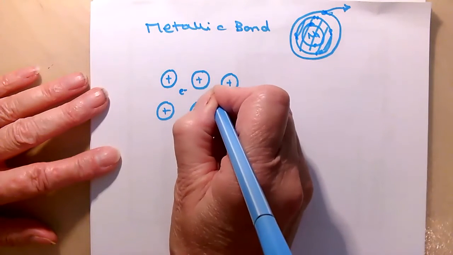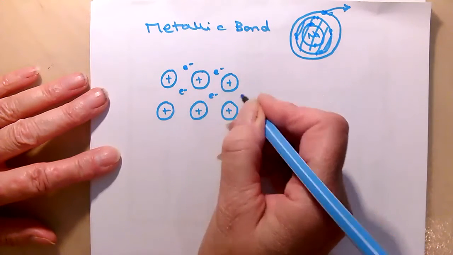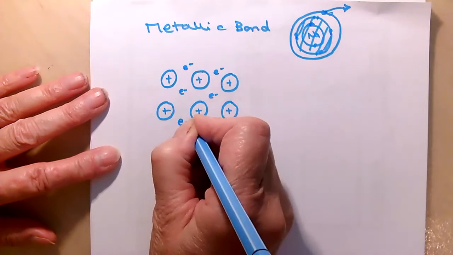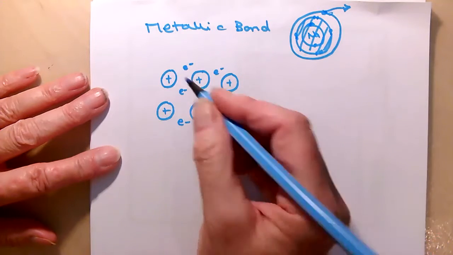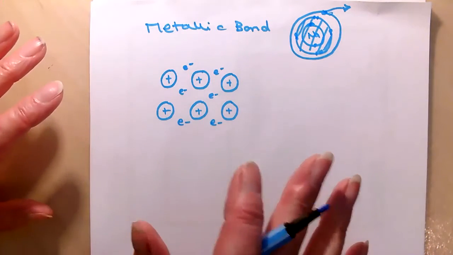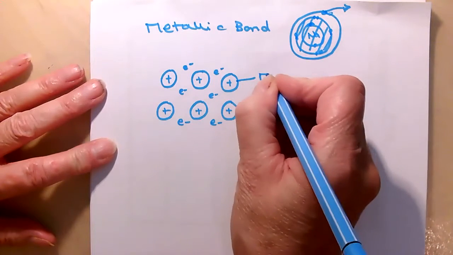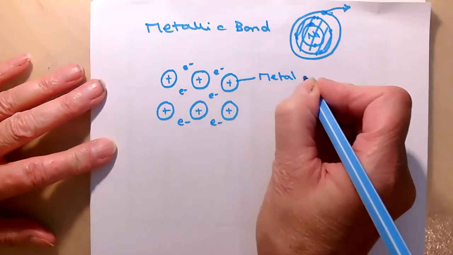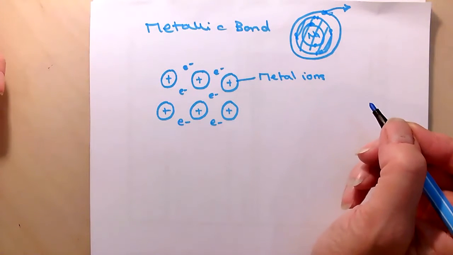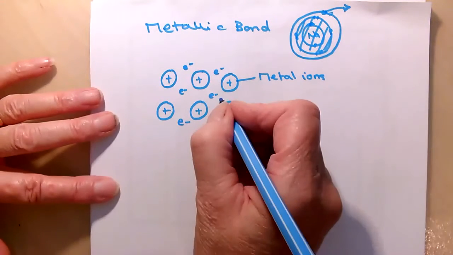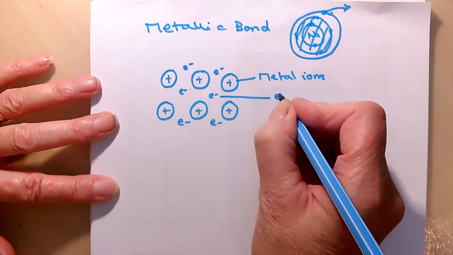Now, 1, 2, 3, 4, 5, 6. We've got 6 positive metal ions, and we've got 6 electrons that have been donated to the structure. These are metal ions because they don't have a localized electron anymore. That electron's been donated, and these are free electrons.